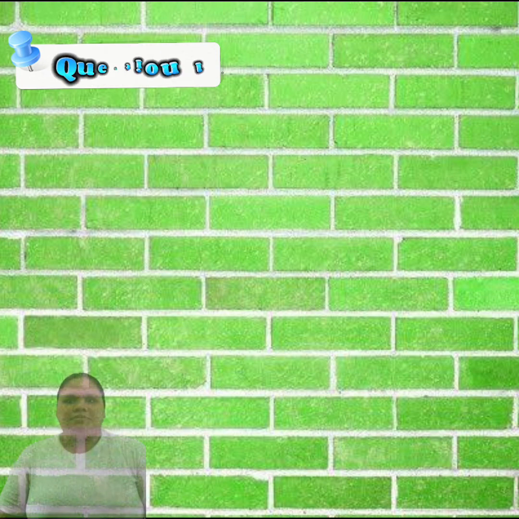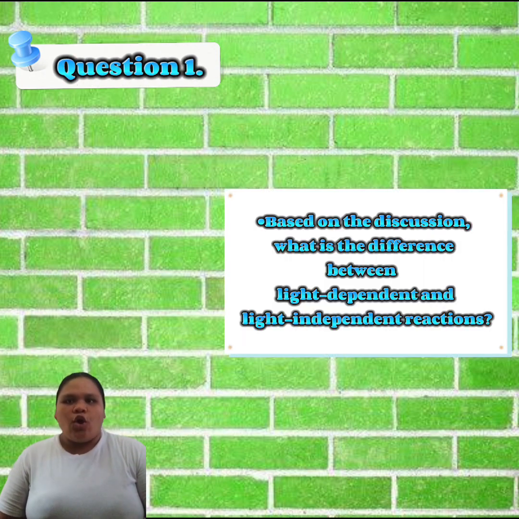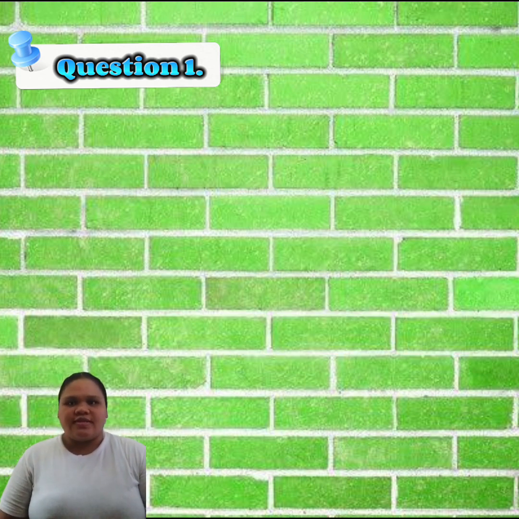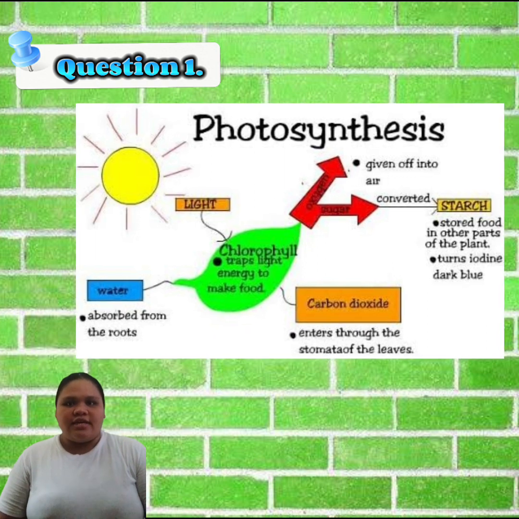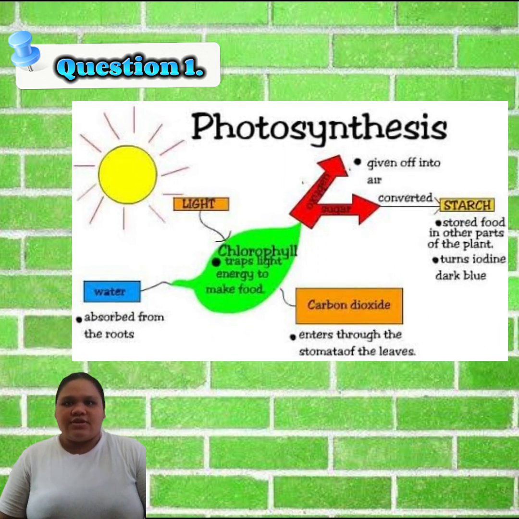Question number 1. Based on the discussion, what is the difference between light-dependent and light-independent reactions? All of the energy that plants need comes directly from the sun. Using sunlight, water, and carbon dioxide that are plentiful in our environment, plants produce their own food through a biological process called photosynthesis.